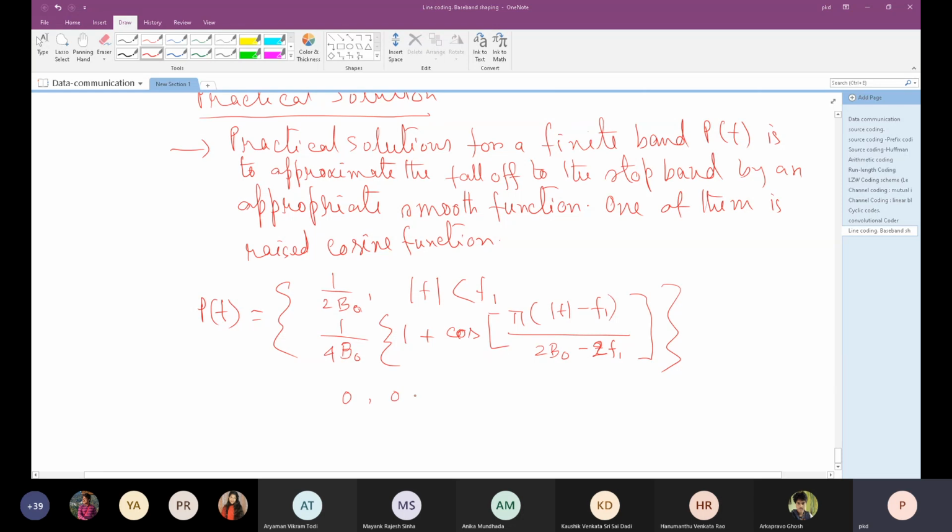And 0 otherwise. So it is, of course, not an ideal smooth function like the Gaussian waveform, but we can call it a semi-smooth function.